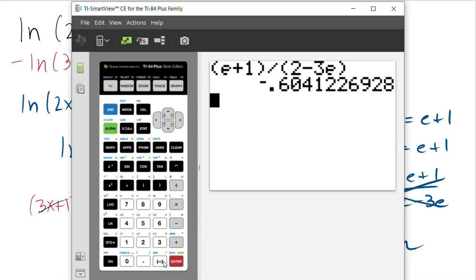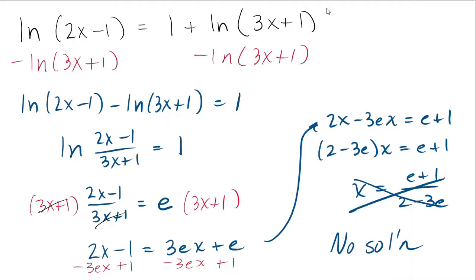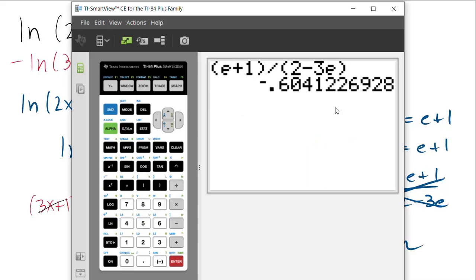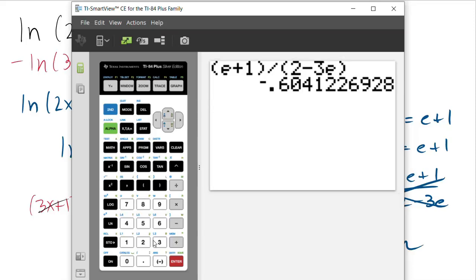So that number's around negative 0.6. I want to know if this is an allowable input to the left side, so I need to take 2 times that number minus 1. I suppose there's nothing wrong with using a decimal approximation here, but we saw in a previous example that sometimes it's pretty close to whether or not you can plug that number in. So the safe play is to try to use this exact value. The way that I'm going to do that is I'm going to tell the calculator to use my previous answer.